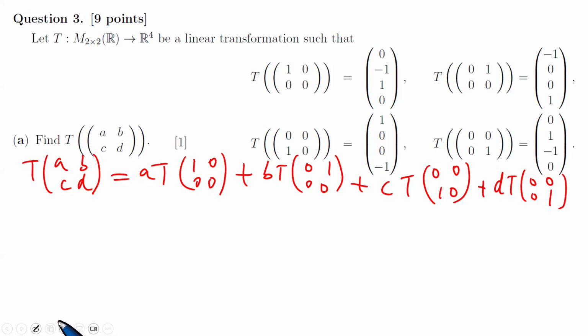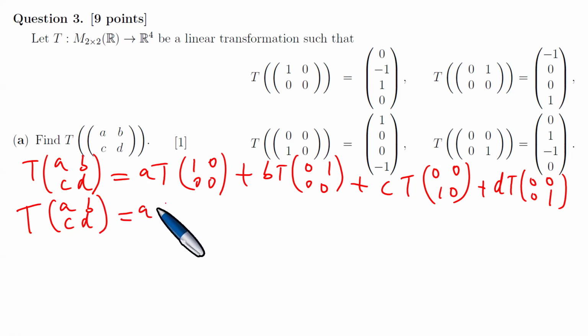But what is the meaning of all this stuff we have just written on the board here? This means that with A, B, C, D, we take the images. Now, the image of the 1, 0, 0, 0 is actually this one here. So it's going to be A times 0, -1, 1, 0, like so. Plus, what is the image of the 0, 1, 0, 0?